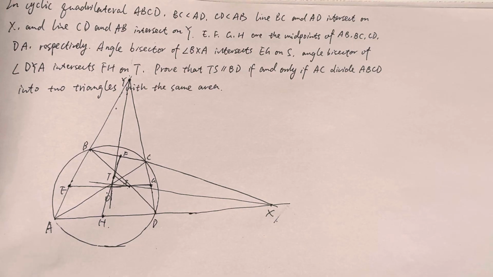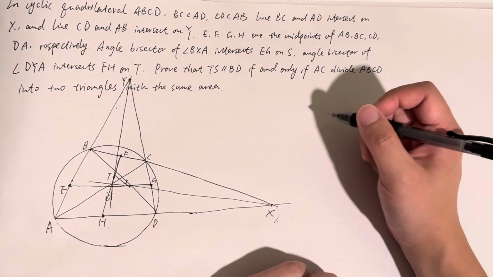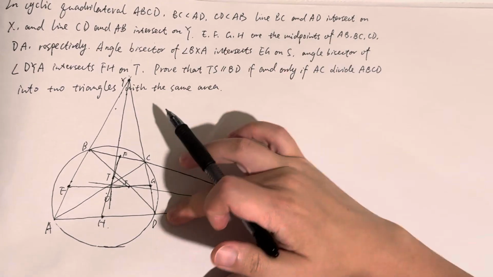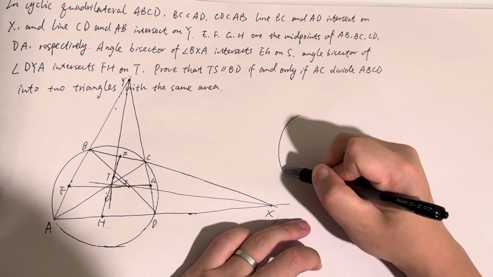If that's valid, which means we already proved the if and only if cases. Okay, now think about the quadrilateral ABCD, where AC divides ABCD into two triangles with the same area. That is saying the altitude of triangle ABC and the altitude of triangle ADC would be the same. This figure is too busy, so let me draw another one.